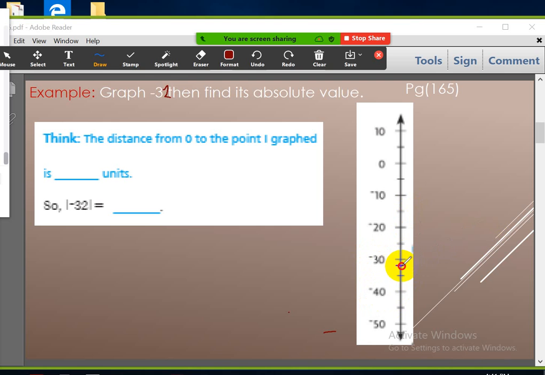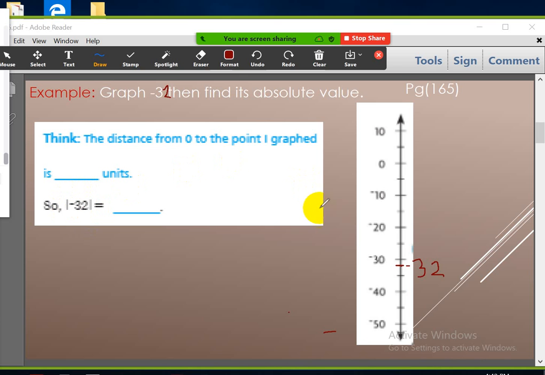This is -32, down. Now, the absolute value of -32. Look, I have to write it in this way: put the number with its sign and put those two lines around the number. Okay?